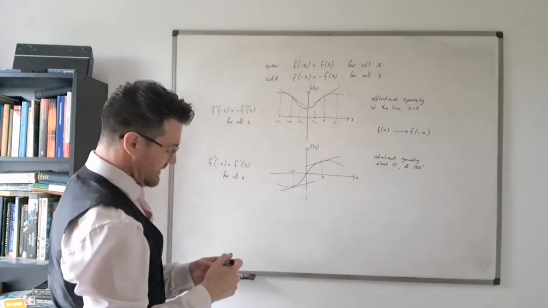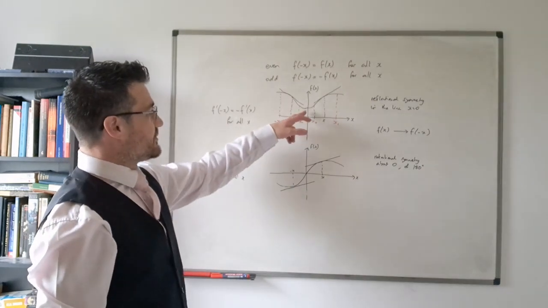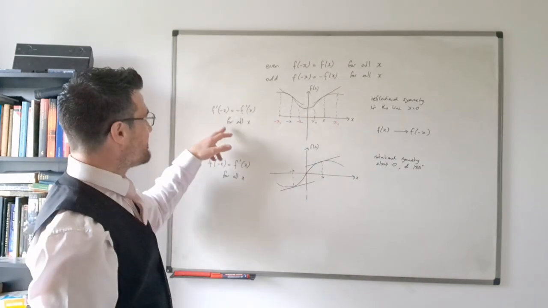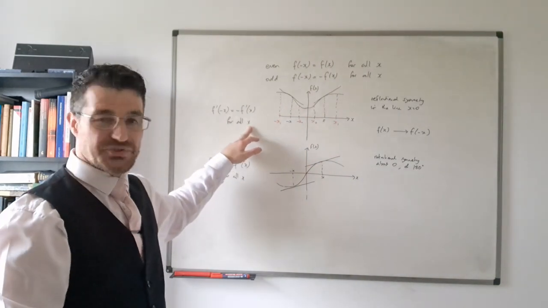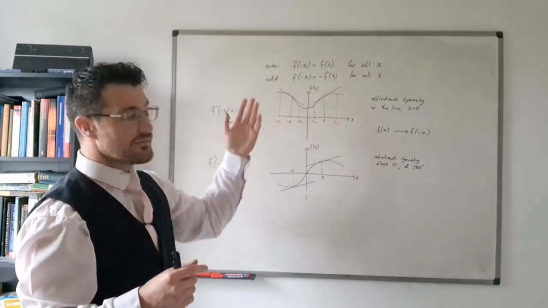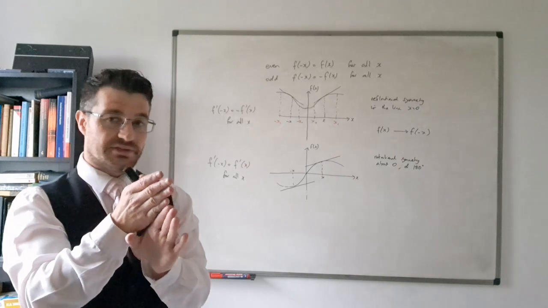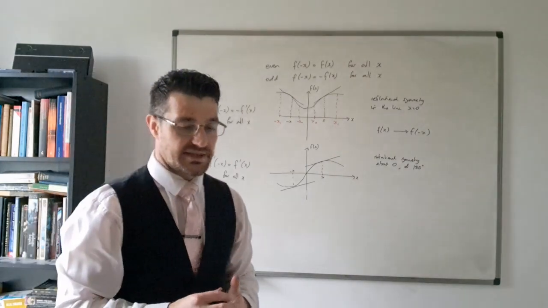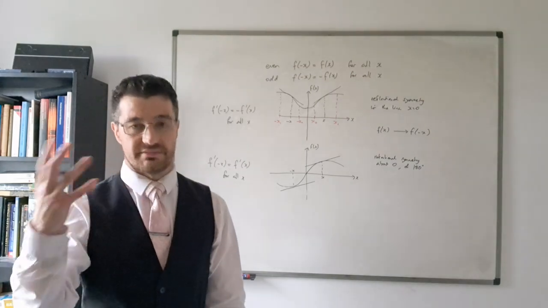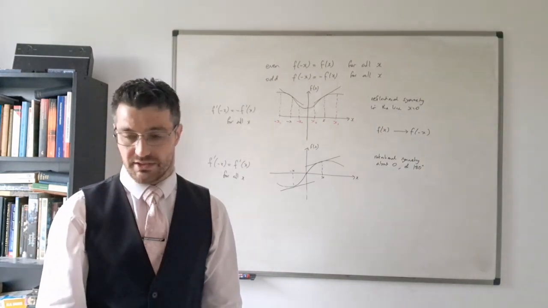Now, okay, with this one, it's got a bit of a kink maybe at 0, so there might be an exception when x equals 0, for example, because your even function is not forced to be differentiable at 0. Ignore all stuff like that. That's stuff that you'll worry about when you get to university and you're doing differentiability and differentiation.